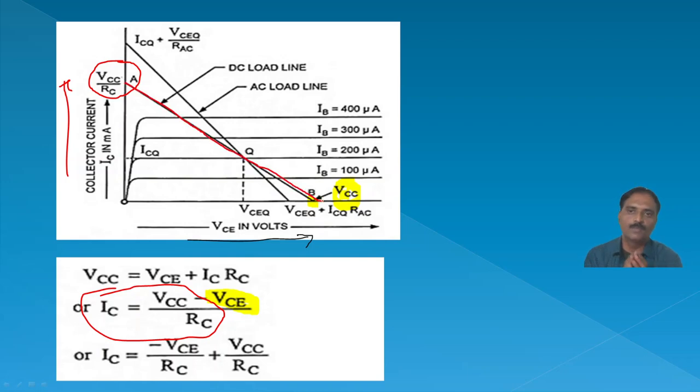And this is one of the important things which is going to decide the Q point or quiescent point, which is also known as operating point. The selection of this operating point is very important in order to have faithful amplification.